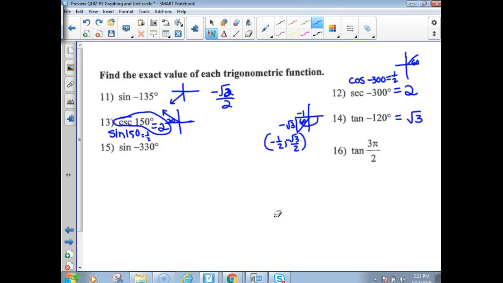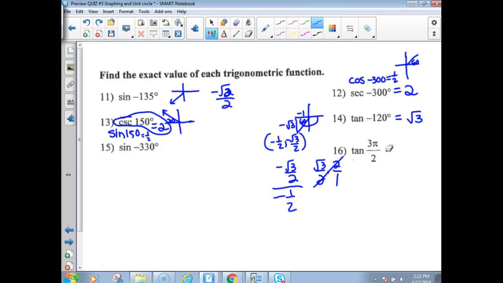Then you'd say the sine over the cosine, or the y over x. If you did negative square root of 3 over 2 divided by negative 1/2, you would change that to square root of 3 over 2 times the reciprocal of 1/2, which is 2. And that gives you the square root of 3.